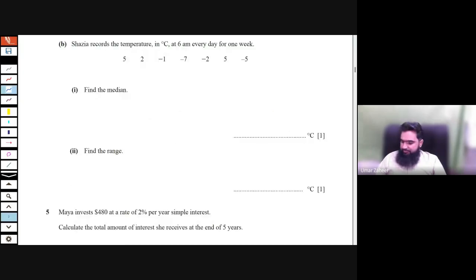Shazia records the temperature in Celsius at 6 a.m. every day for 1 week: 5, 2, minus 1, minus 7, minus 2, 5, minus 1. We have to find the median. For the median, we need to rearrange the values. Smallest value first. What is the smallest value?